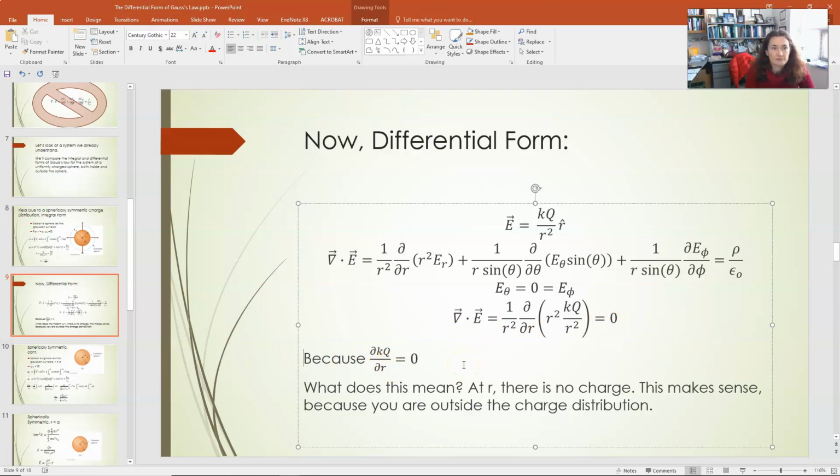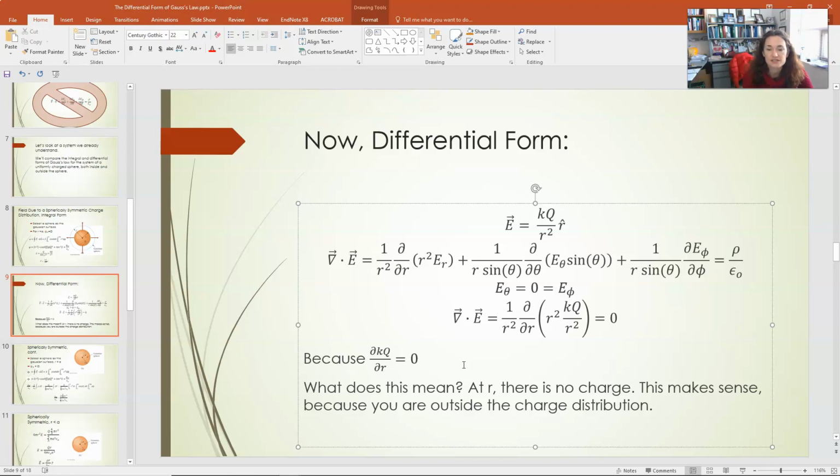Okay, fine. We can do the math, right? But what does that mean? And how am I to interpret that, okay? Here's what happens. The differential form of Gauss's law will tell you, given the field, what kind of charge distribution you have at that point of interest.